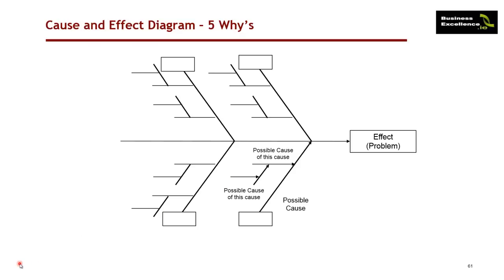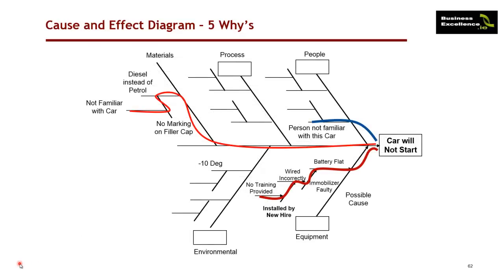Let's look at a simple example. Let's say, for example, your car won't start. That's the effect, that's the problem. That could be caused because of people. It could be process related. It could be materials related. It could be environmental related, or it could be equipment related.